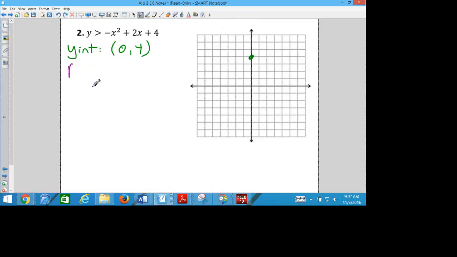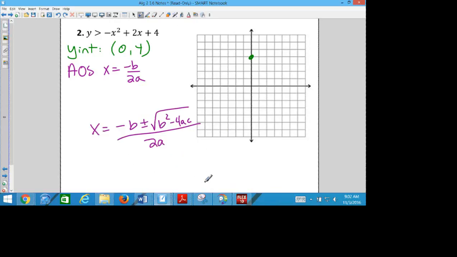To find the vertex, we have to find the AOS first. Good question. Have you ever seen -b/2a other than using it for the AOS? Have we seen -b/2a anywhere else in this chapter? Do you think that's coincidence?